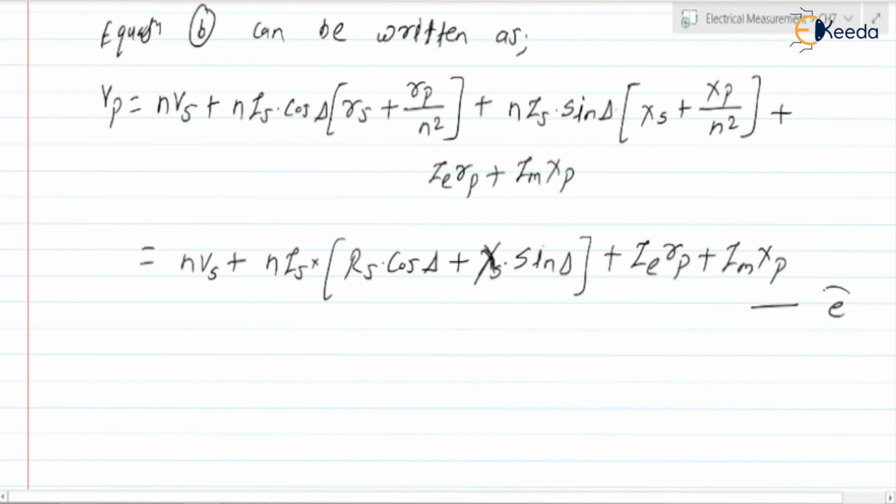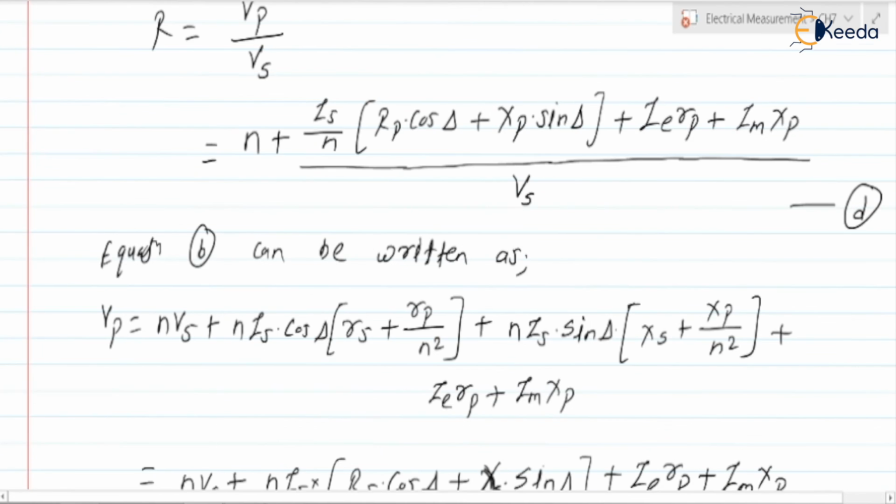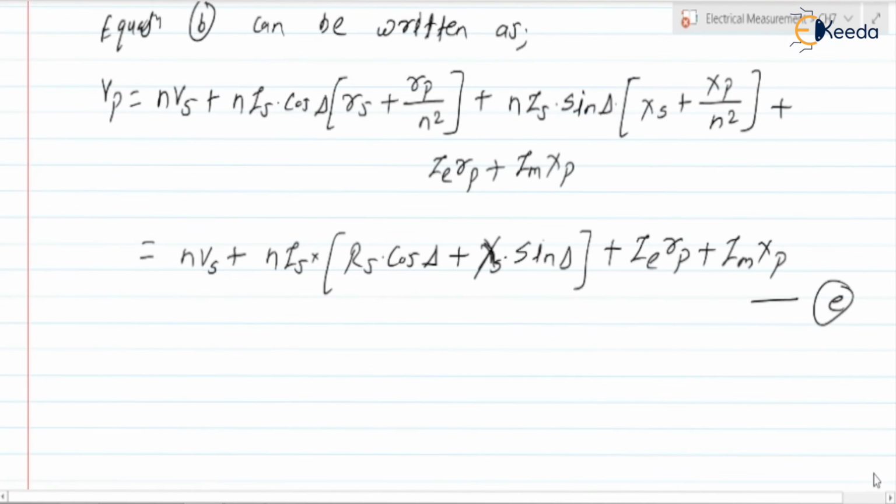Consider this as equation e. If you check, the earlier expression was in terms of Rp and Xp, that is, referred to primary. Here it is Rs and Xs, capital Xs.